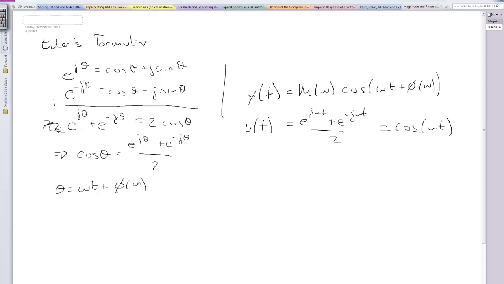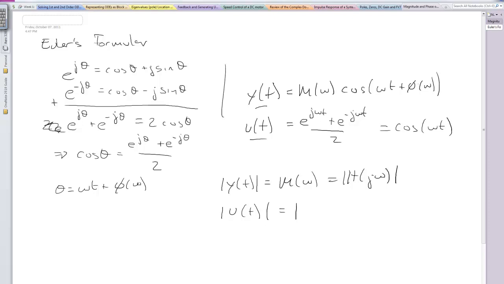So we can look at the magnitude and phase difference between y and u, where the magnitude of y of t is just M of omega, which is the magnitude of H of j omega, and the magnitude of u of t is just 1.